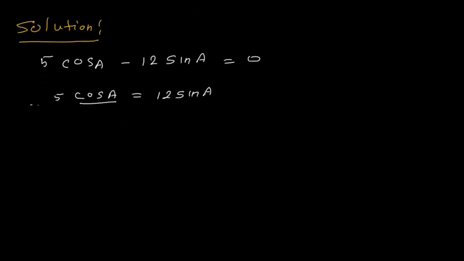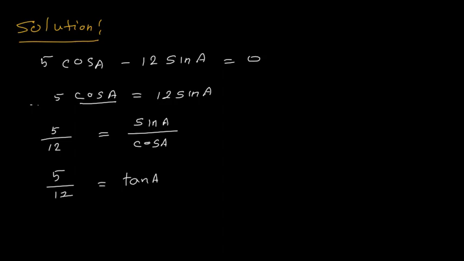So on the left hand side we have 5 divided by 12, and on the right hand side we have sin A divided by cos A. So sin A upon cos A is tan A. So we have 5 divided by 12 is equal to tan A. So tan A is 5 upon 12.